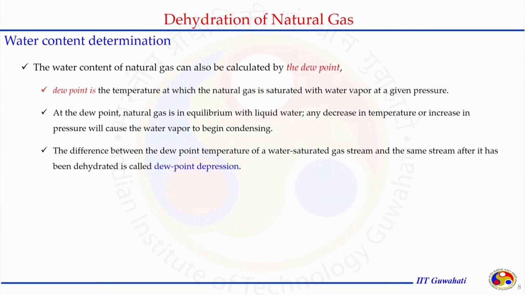There is another procedure to calculate the water content, and that can be done by calculating the dew point. Dew point is the temperature at which the natural gas is saturated with water vapor at a given pressure. We understand from our phase diagram behavior, if gas is a mixture, it will give us the phase envelope when we are talking about the PT diagram, and from this PT diagram we understand this is a dew point curve.